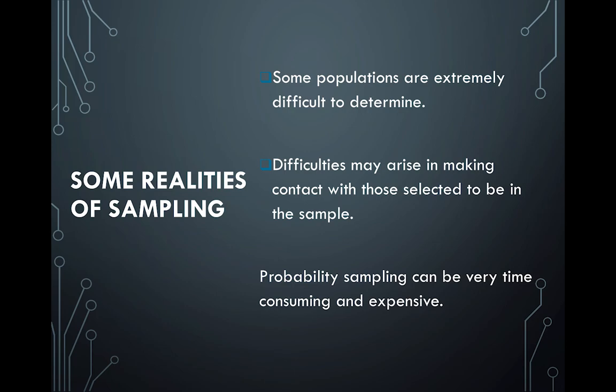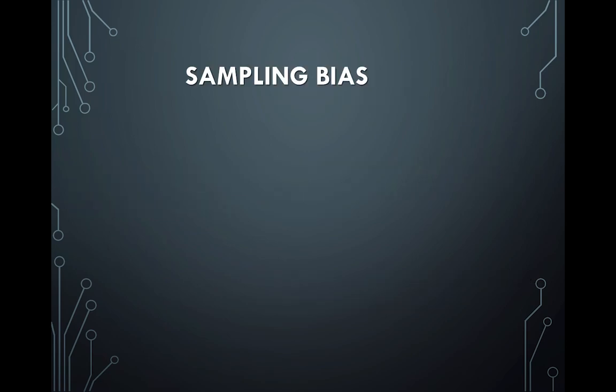Comparing students at SFU versus a population of homeless people in Vancouver, you can see there's a huge difference in the ways you could do that. If you try to do a probability sample with homeless people, it would be very difficult, actually. So that's the point they're making there.